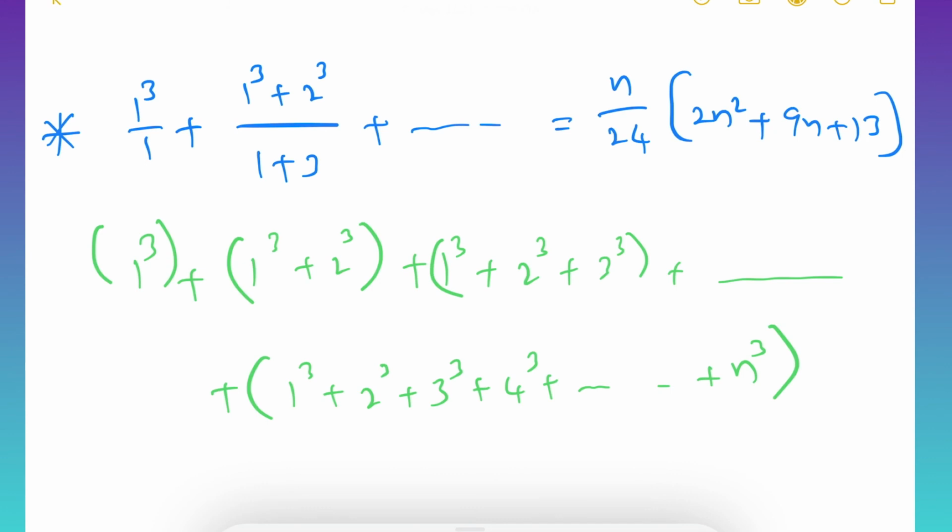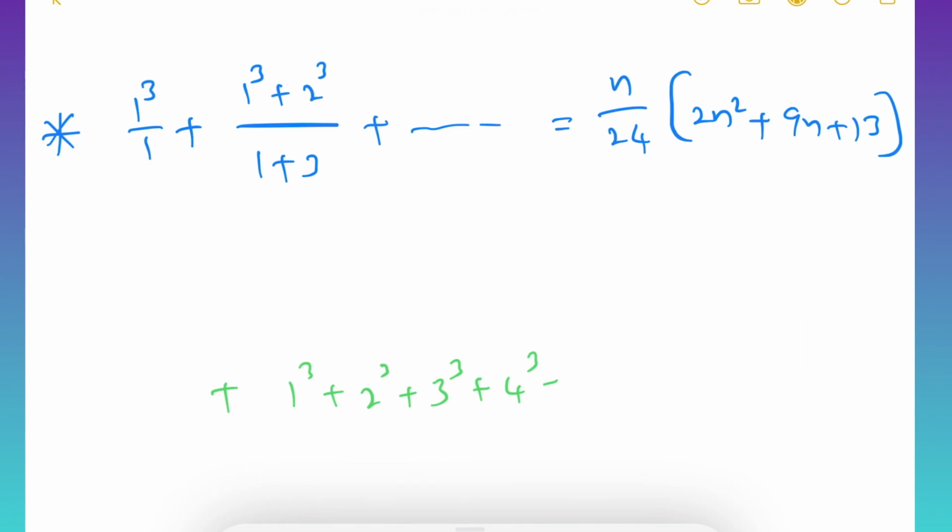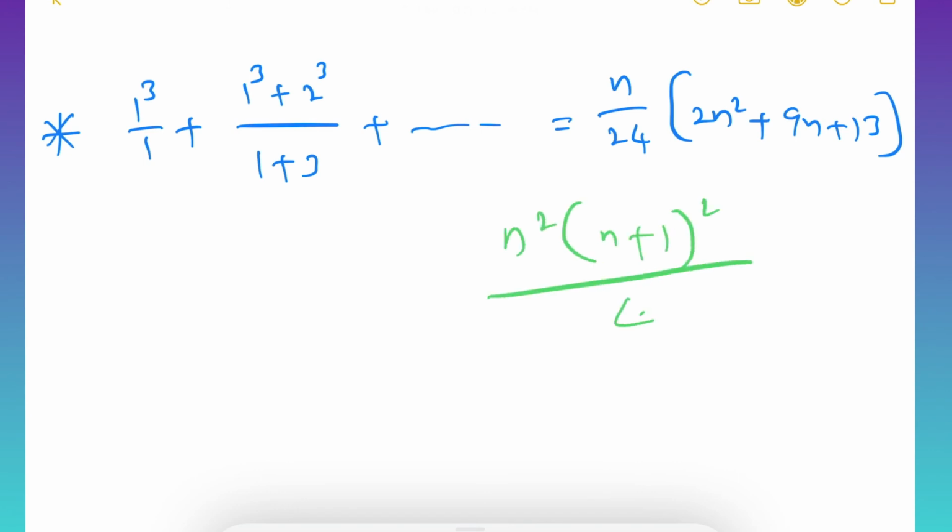So this n cube formula we want: sum of the cubes of the first n natural numbers. So what is the formula for that? n square into (n plus 1) whole square divided by 4. That will be our nth term of the numerator.